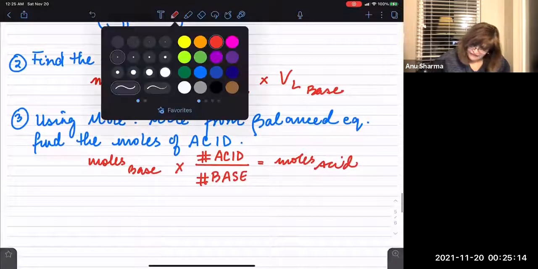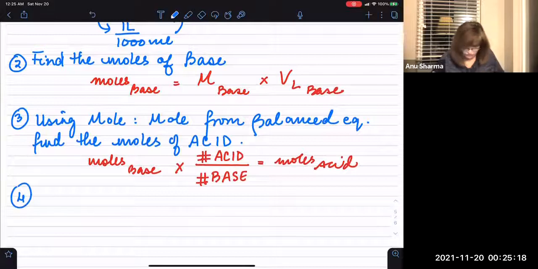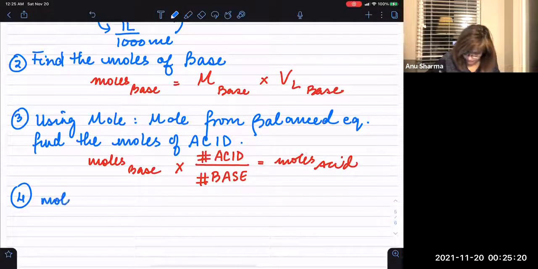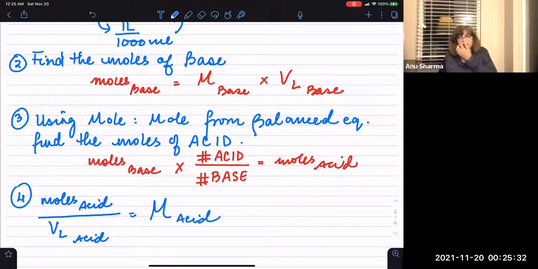Okay, next you take the moles of acid, divide by the volume in liters of the acid, and that's going to give you the molarity of the acid.